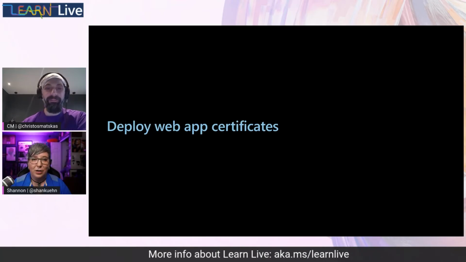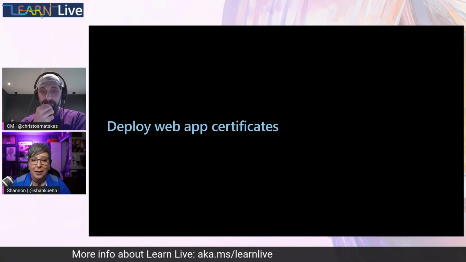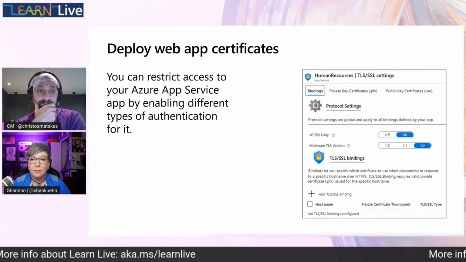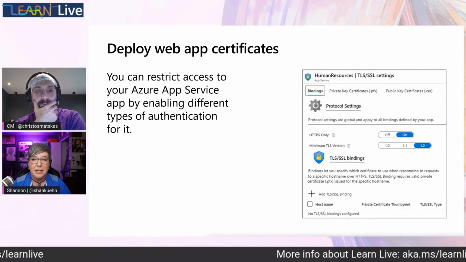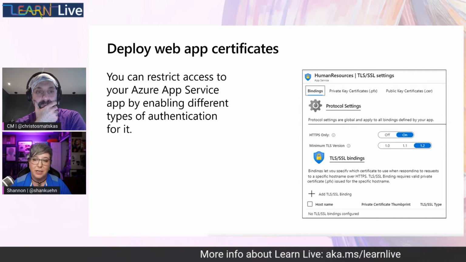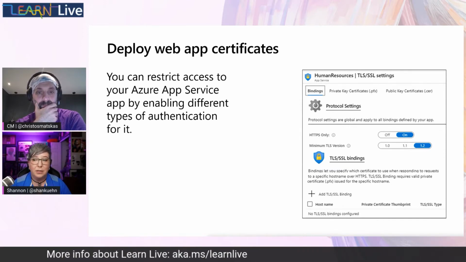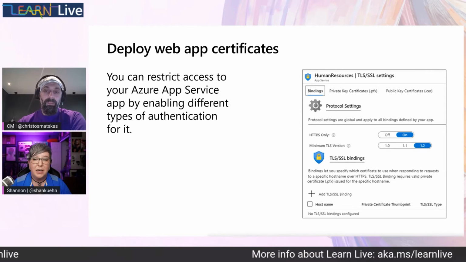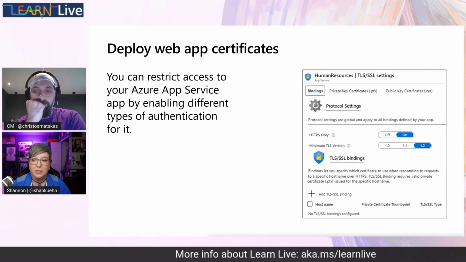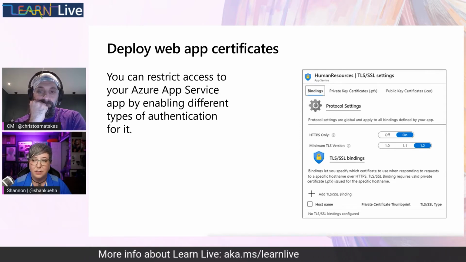All right. So now we're going to talk a little bit about deploying web app certificates. Yes. You can restrict access to your Azure App Service by enabling different types of authentication, right? One way to do it is to request a client certificate when the client request happens over TLS or SSL and validate that certificate. This mechanism is called TLS mutual authentication or client certificate authentication.